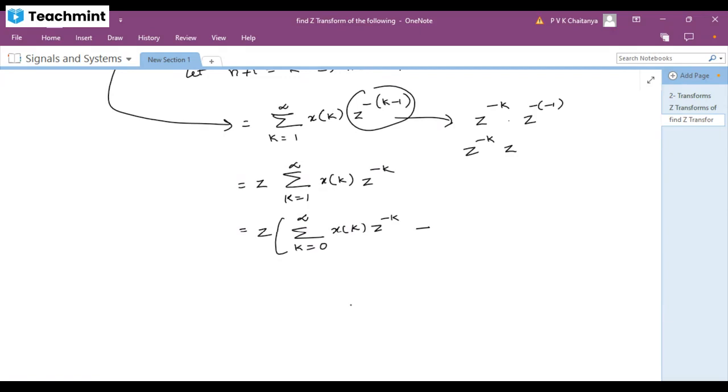So I'll be subtracting a term with k is equal to 0, so x of 0 z power minus 0.